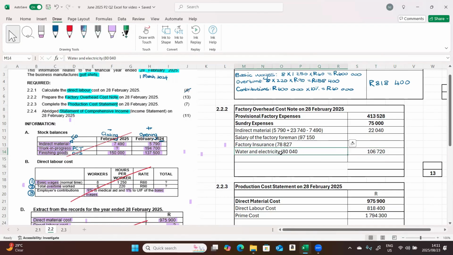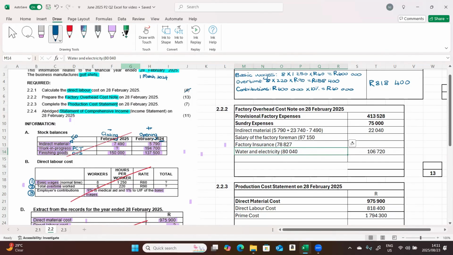And then over here, we can just go and say, okay, we have to beef it up from 80,000 to 106,000. So to get your adjustment amount, you can just say your 106,720 minus the wrong amount, the previous amount of 80,040. And then you would get your adjustment amount is 26,680.